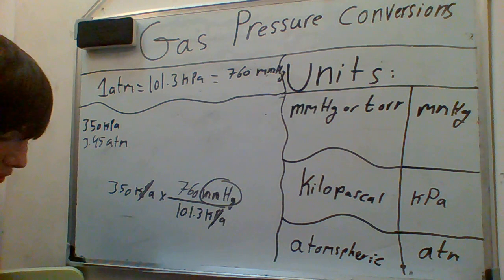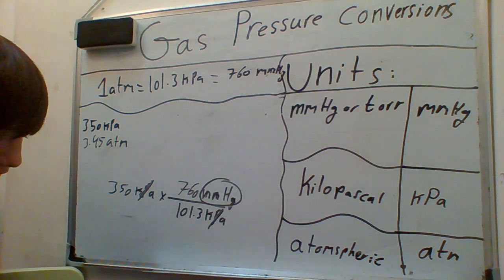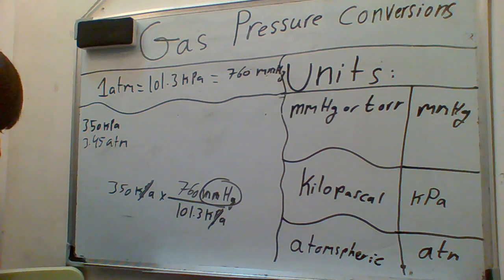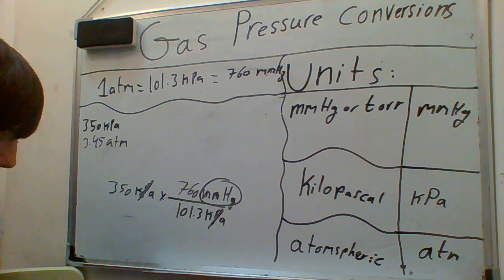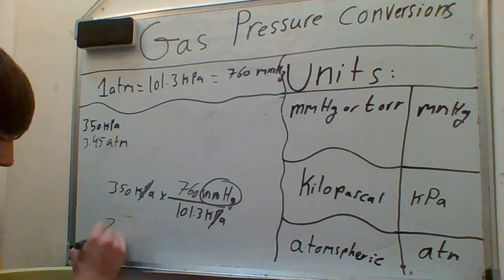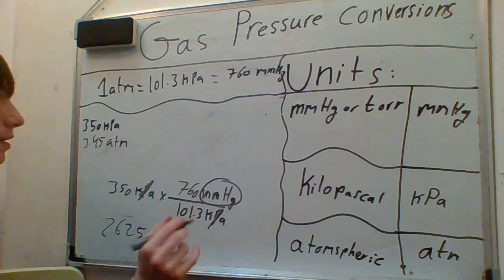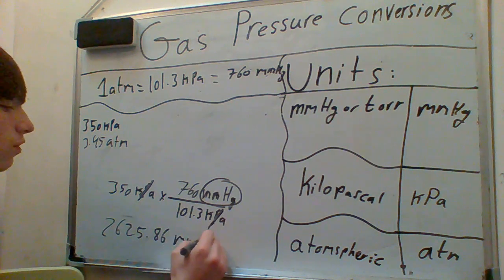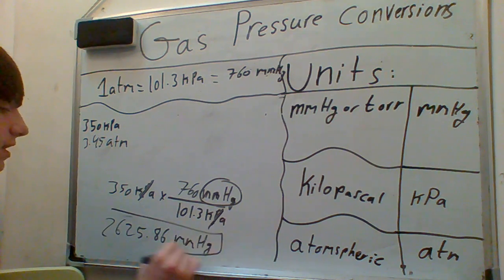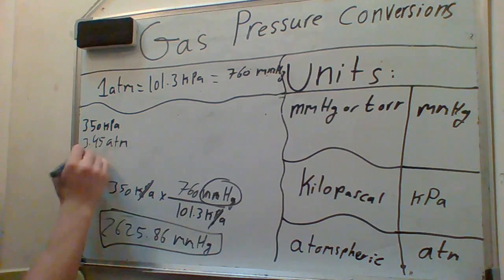Now we do the math: 350 multiplied by 760 divided by 101.3 equals 2625.86 millimeters of mercury. That's our final answer, and we have solved everything that is needed.